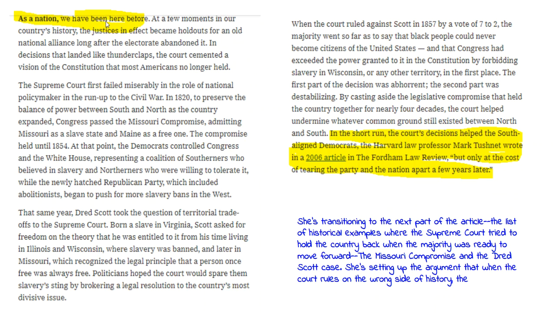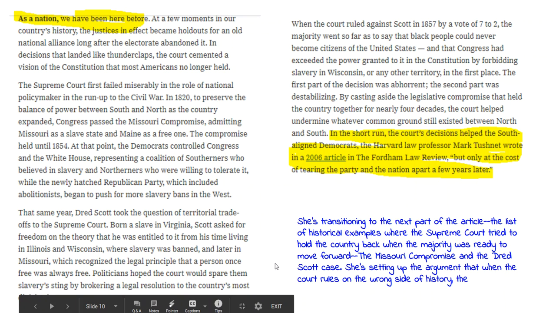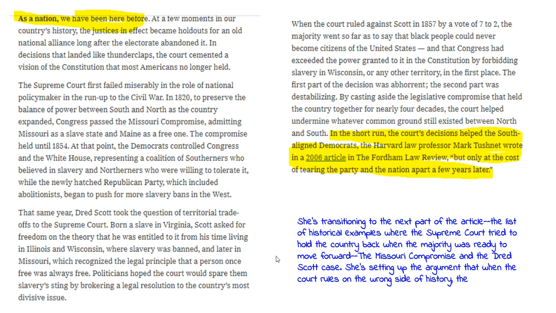Okay, now we're going to do a super history lesson. She's transitioning to the next part of her article where she gives us historical examples of where the Supreme Court was out of touch with what the majority wanted.